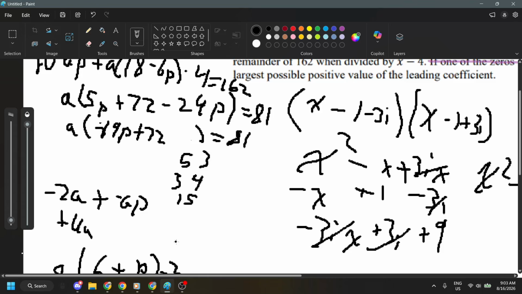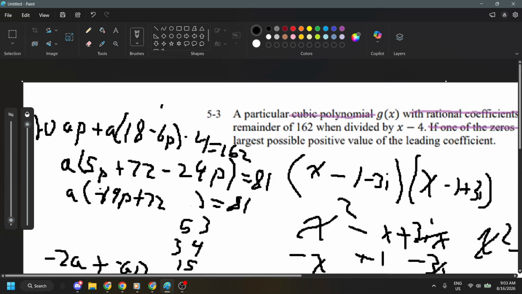So the thing is, none of these are... Oh, I see another mistake. Oh my gosh, thank goodness. I thought I was totally gone. So we turn this into 2 times 5. We need to turn this into 2 times 2. Factor out the 2's.